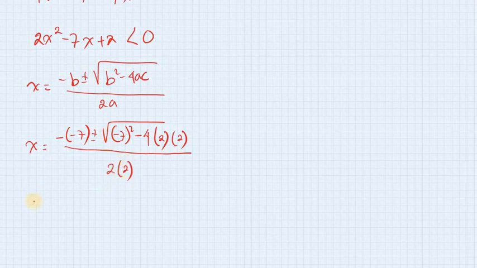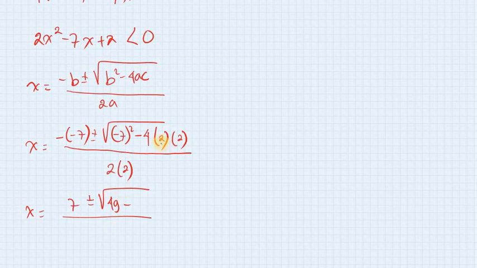So we will end up with x equals 7 plus minus square root of 7 squared is 49 minus 4 times 2, 8, 8 times 2, 16, divided by 2 times 2, 4.